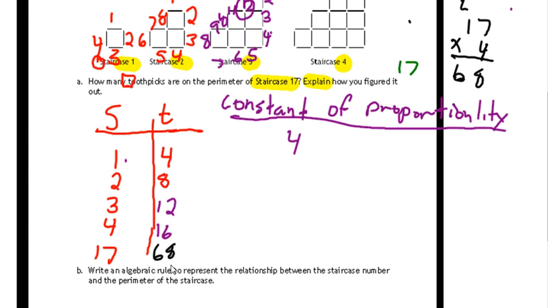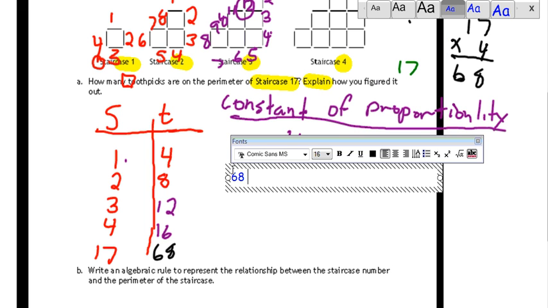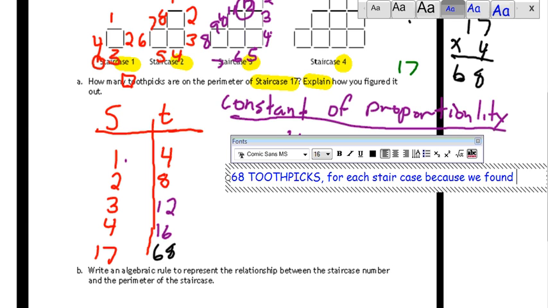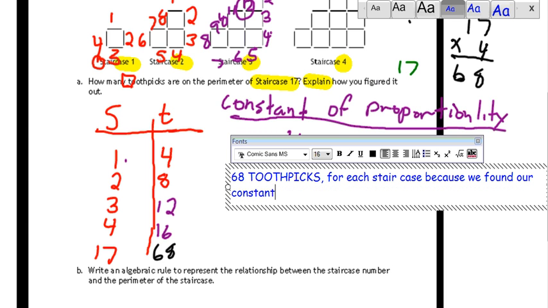So for our explanation: 68 toothpicks for staircase 17, because we found our constant by counting the perimeter and making a chart.